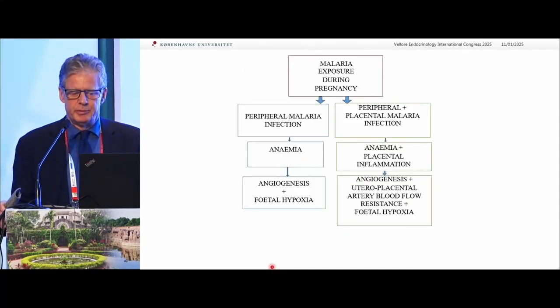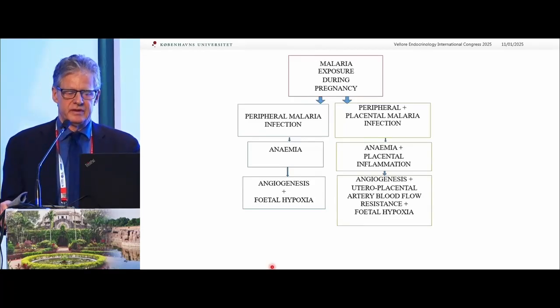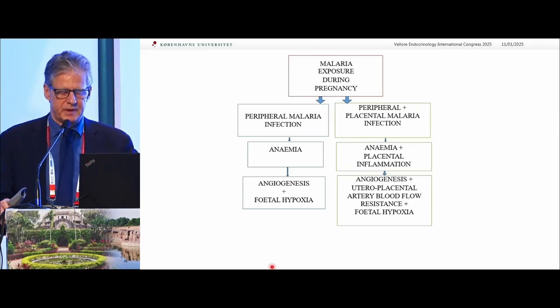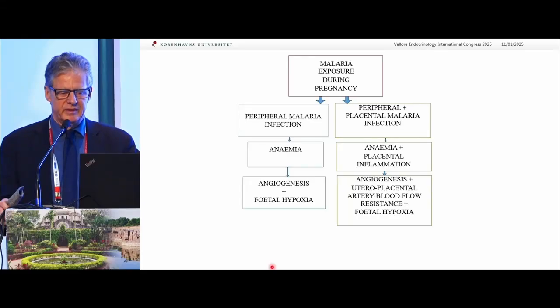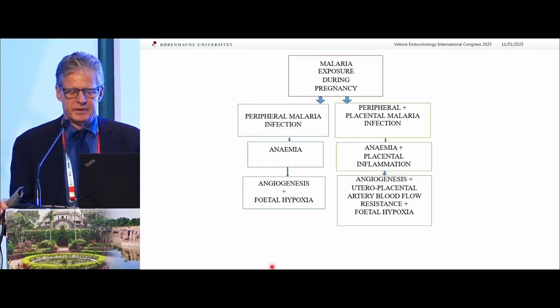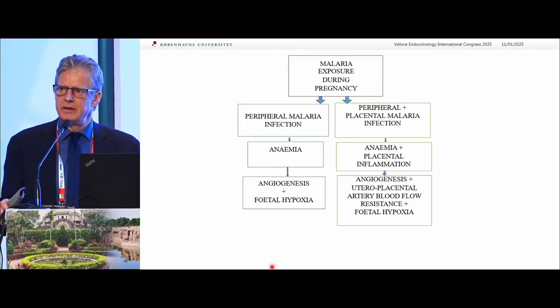So I just quickly put this together in a graph to see what could be the difference between peripheral and peripheral plus placental malaria infection. In the left-hand column, there will be peripheral, and in the right-hand column, peripheral plus placenta. Both can cause anemia, but at the same time, there will be placental inflammation if the parasites sequester in the placenta.